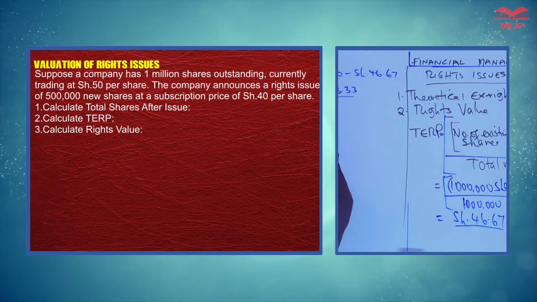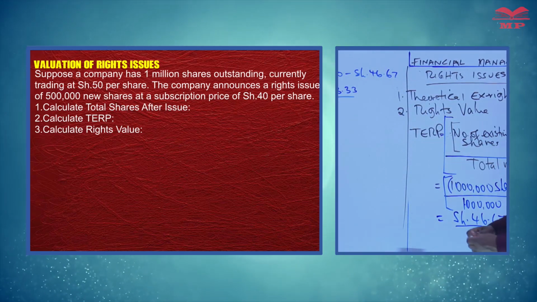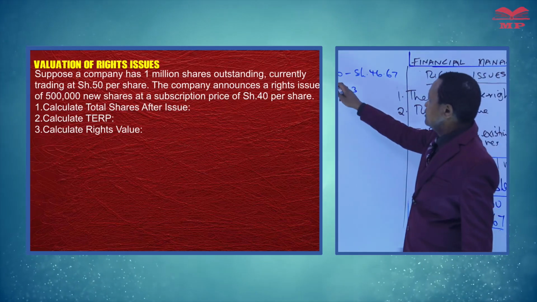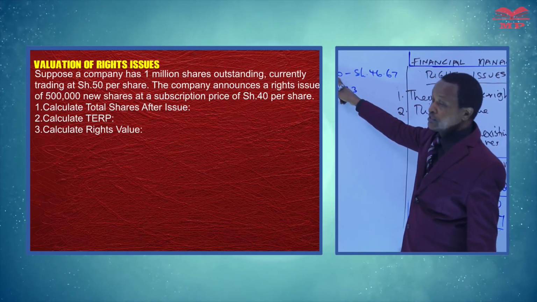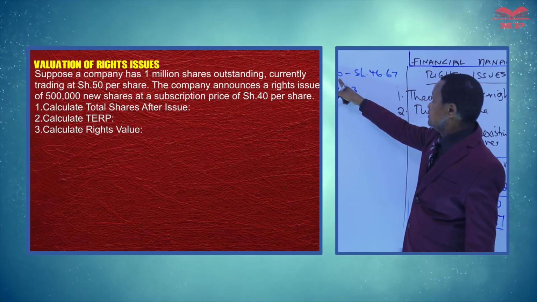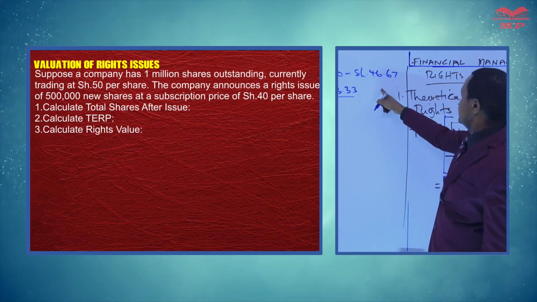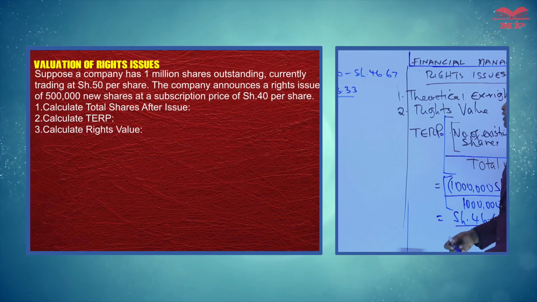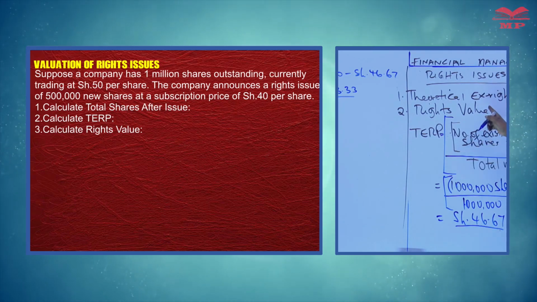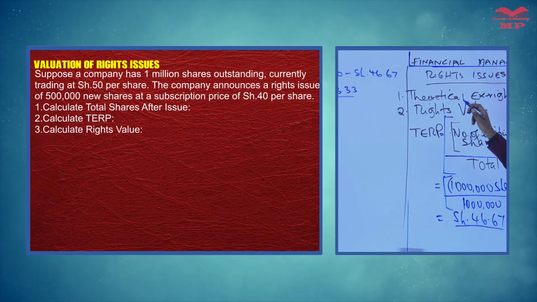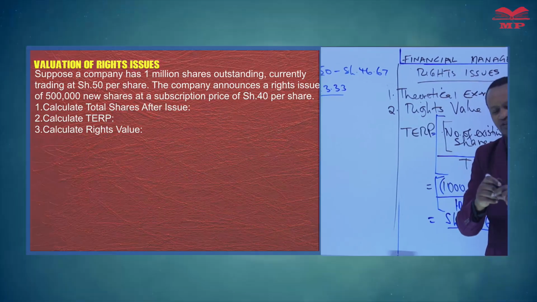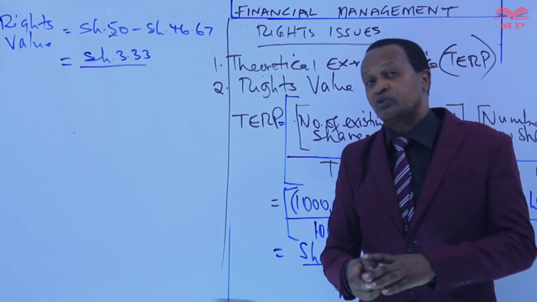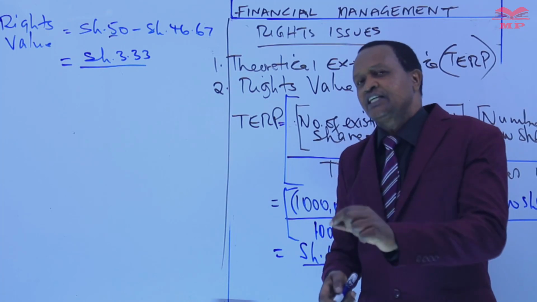Do you understand that? You can see, candidates, the market price per share is 50. The theoretical ex-rights price is 46.67. The difference is the rights value. This is a financial benefit that the shareholder is likely to enjoy for exercising the right.